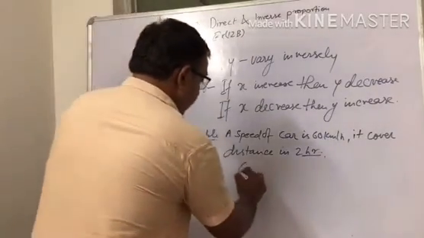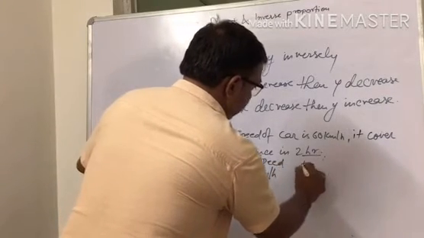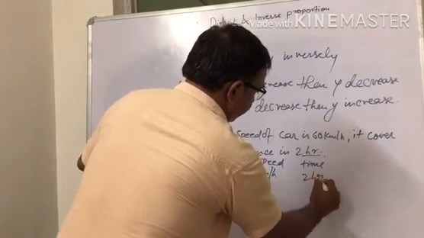Now it is 60 km per hour. This is the speed and the time is 2 hours.